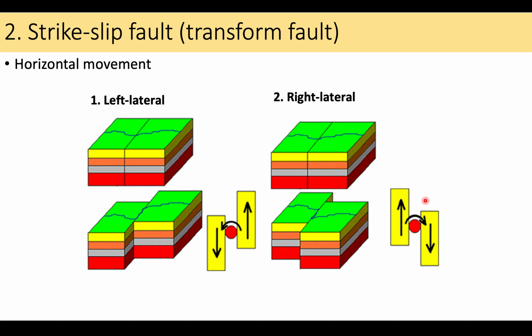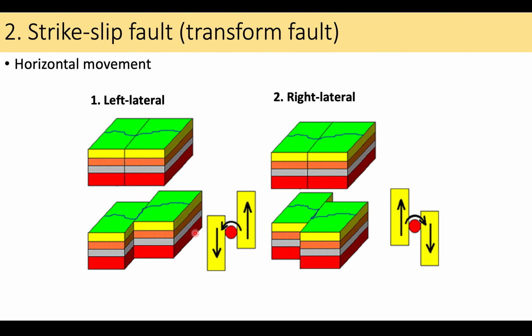So there's a couple different ways to remember this. I'm going to explain each of them. With the left lateral, here we have our two blocks with our fault line in the middle. And we know that this is just horizontal movement, so they're going to be sliding past each other. So when we're determining is it right lateral or left lateral, we're trying to determine which direction are they moving relative to each other.